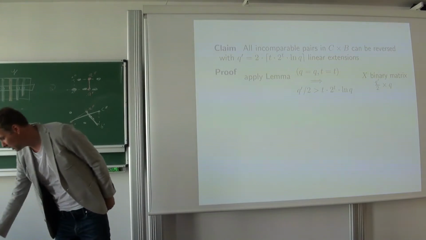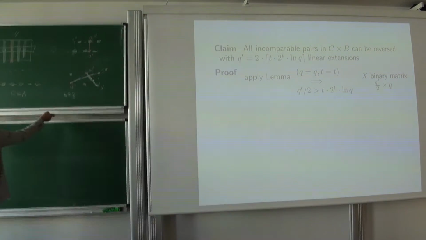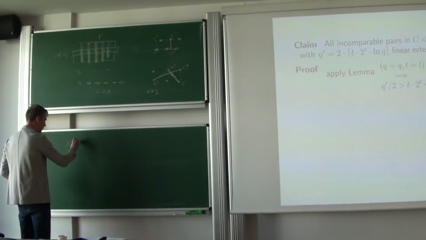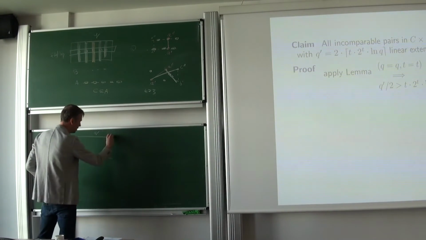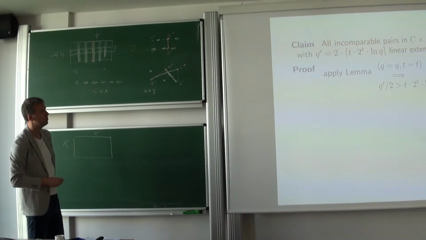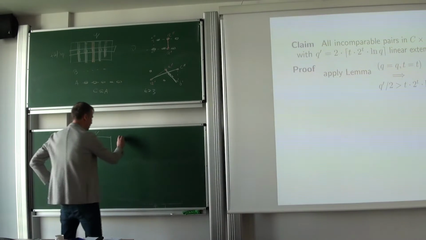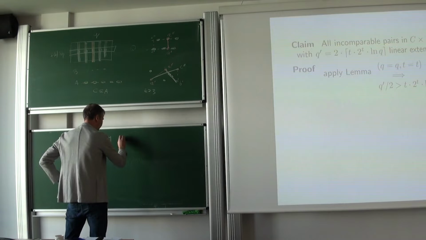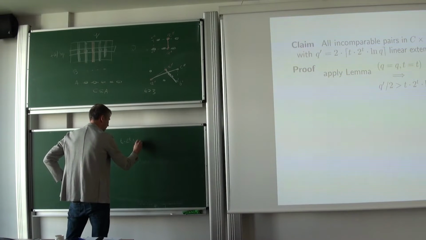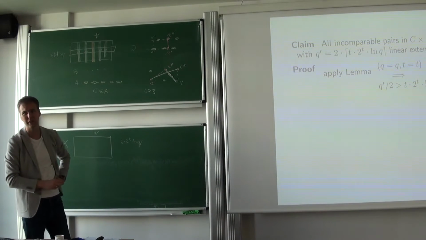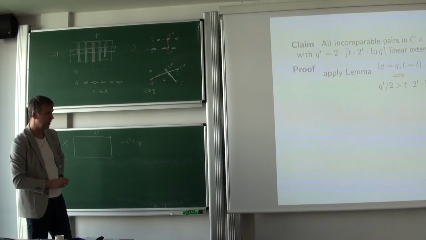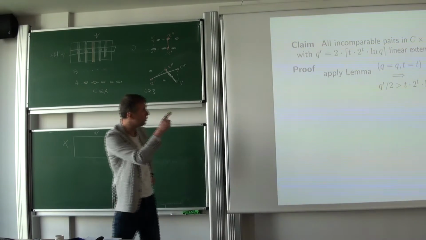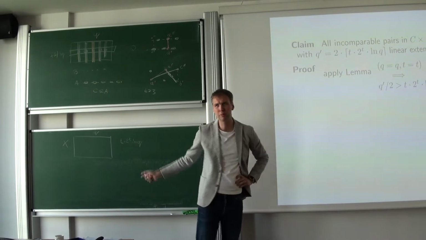So basically, the matrix that we get out of it has Q columns, and the number of rows was T times 2 to the T times ln cube. That was guaranteed by the lemma. We take it, and note that the target Q prime is twice larger than the number of rows that we have.